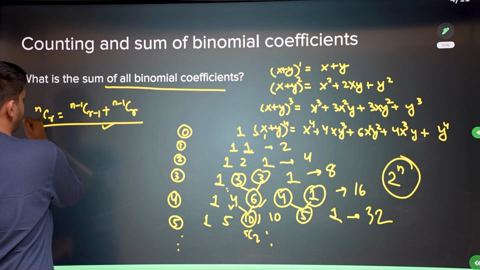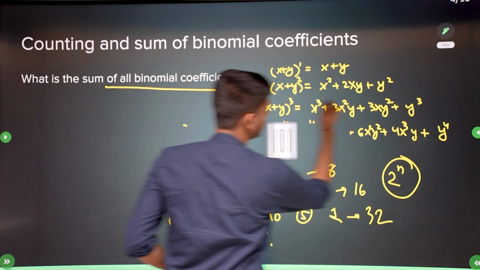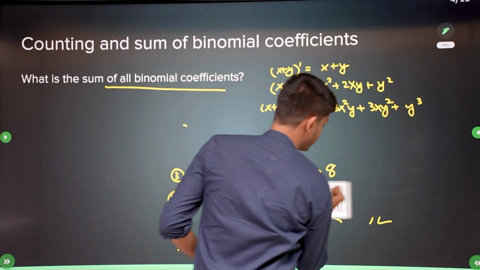And we can actually have an interpretation here. Why is it always 2 to the power n? So let's see that.